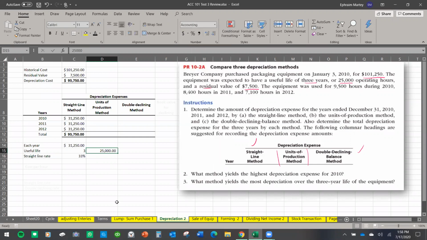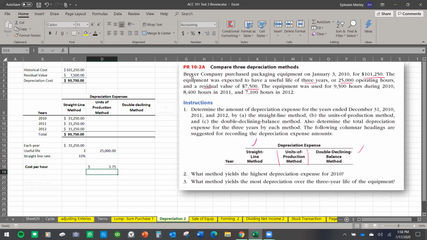So for the whole life of the equipment, it can work up to 25,000 operating hours. So we need to know how much 1 hour would cost. If our depreciation is this one, we can only depreciate that. We divide that by the 25,000 hours. So each hour will cost $3.75 of depreciation.